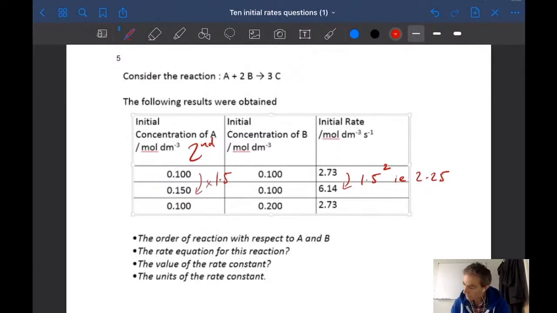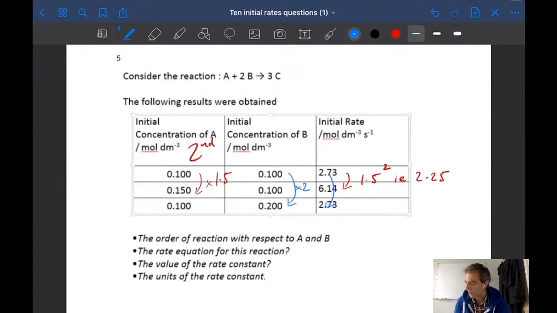The next one is we're going to look at which experiments we can use for this one. We can use 1 and 3. So A is staying at 0.1. So let's have a look at what B's done. B has doubled. The rate hasn't done anything. So where can I put my blue arrows there?